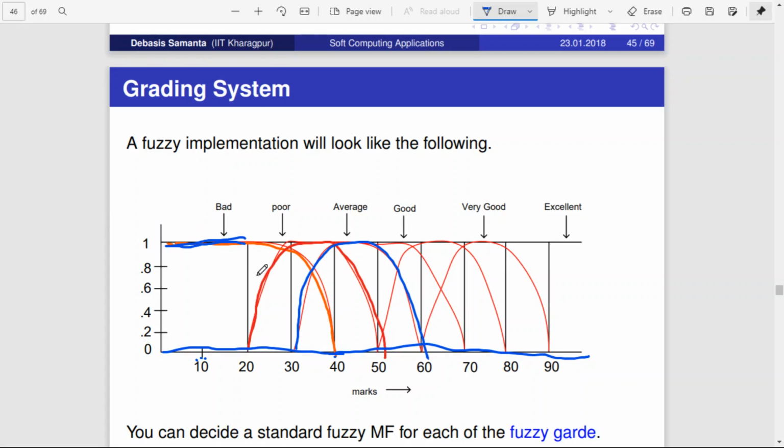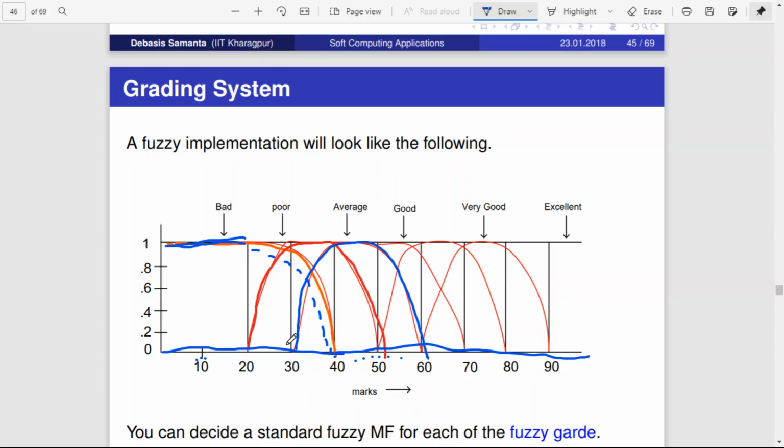Anything from 20 to 40, it is going to result in values like this. Anything greater than 40, it is going to result in 0, nothing, it is closed here, there is nothing, right? So this membership function is used to categorize only bad and poor.